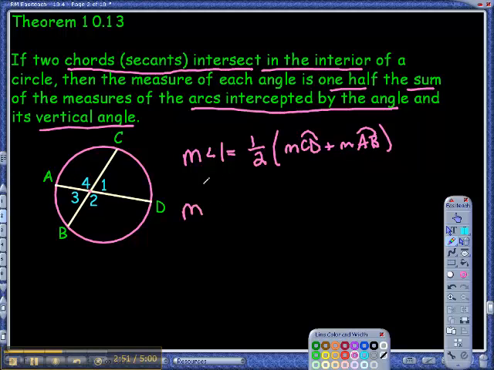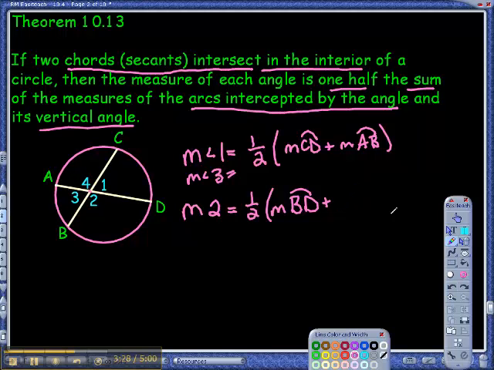So it's half of the sum of its arc and its vertical angle's arc. The measure of angle 3 would be the exact same thing because its arc and its vertical angle's arc are the exact same arcs as angle 1's arc and its vertical arc. Now, the measure of angle 2 would be half of the measure of its arc, arc BD, and its vertical angle's arc, arc AC.